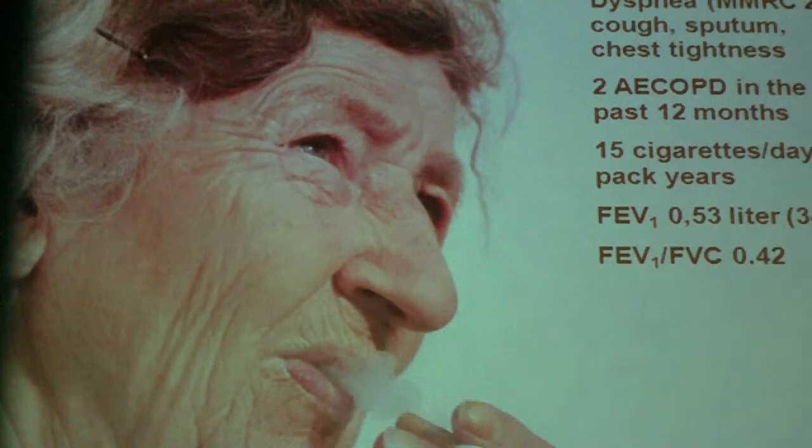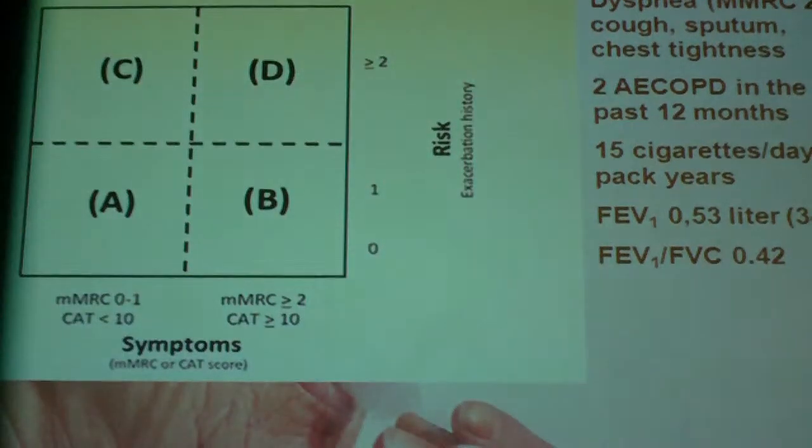If we go back to our patient now, she has dyspnea, which we graded at modified MRC grade 2, and she had 2 exacerbations in the past 12 months. She still had a stage 3 airflow limitation. So where should we put her?